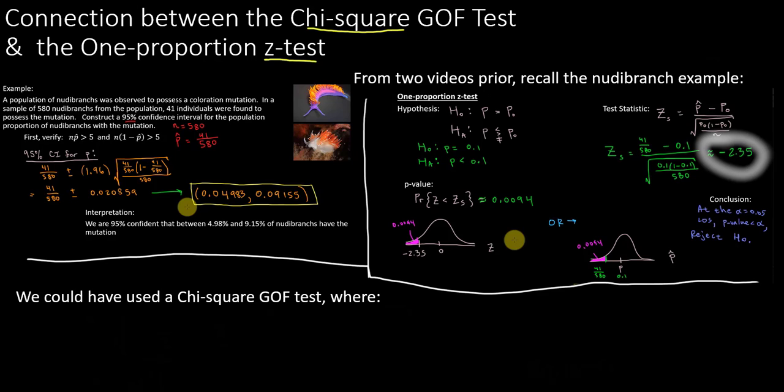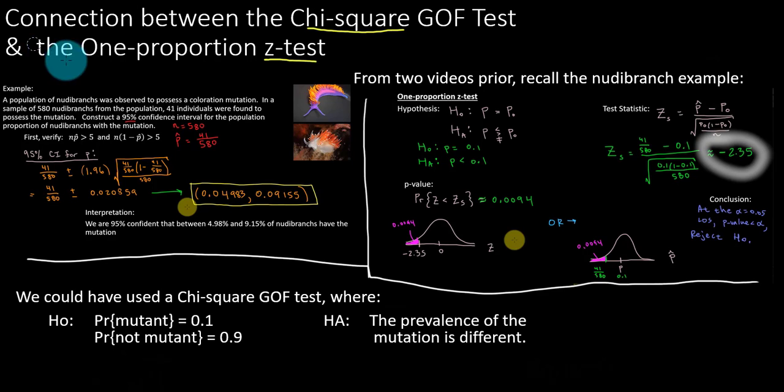Using the goodness of fit test here for the same example, the null hypothesis would be that the probability of observing a mutant was 0.10, and therefore the not-mutant probability is the complement of that. The alternative would be that the distribution of the mutation prevalence is different than that.